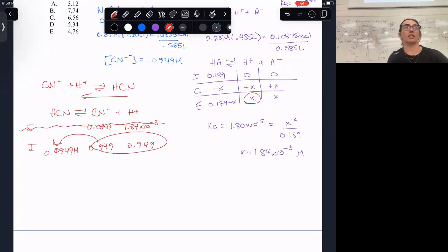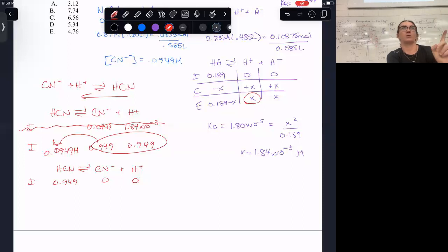So now you're looking at a situation where you have HCN, CN minus, and H plus, with an initial concentration of 0.0949, 0, and 0, because you used up all of your cyanide ion concentration and all of your H plus ion concentration to form your HCN.